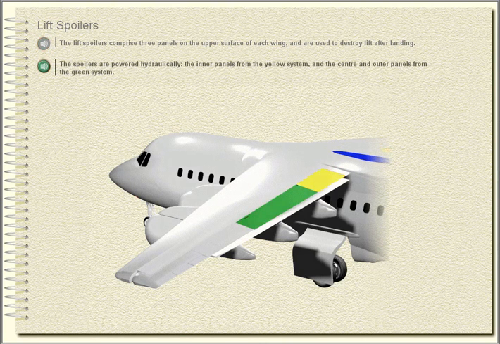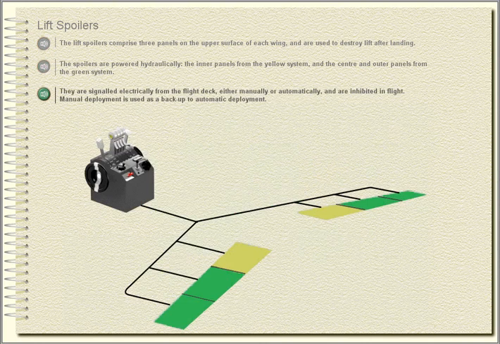The spoilers are powered hydraulically, the inner panels from the yellow system and the centre and outer panels from the green system. They are signalled electrically from the flight deck, either manually or automatically, and are inhibited in flight.